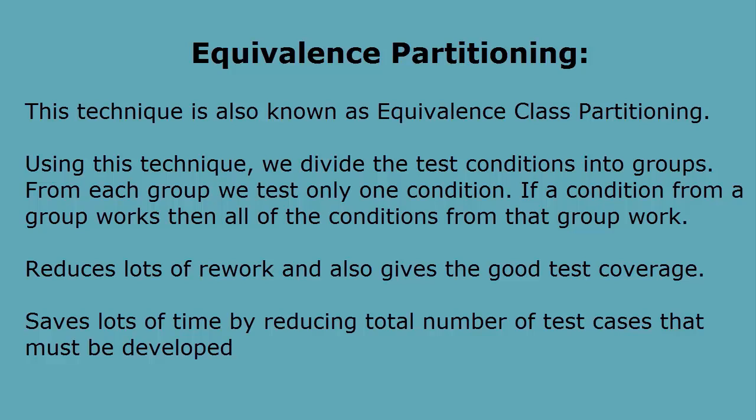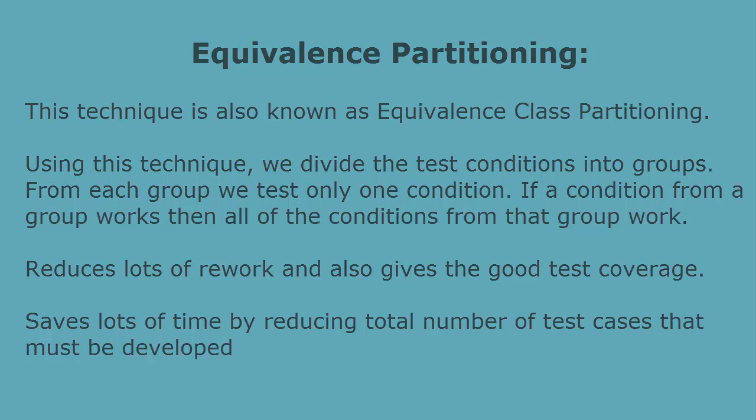Assumption is that all the conditions in one partition work in the same manner. If a condition from a partition works, then all the conditions from that partition will work. This technique reduces lots of rework and also gives good test coverage. We could save lots of time by reducing total number of test cases that must be developed.